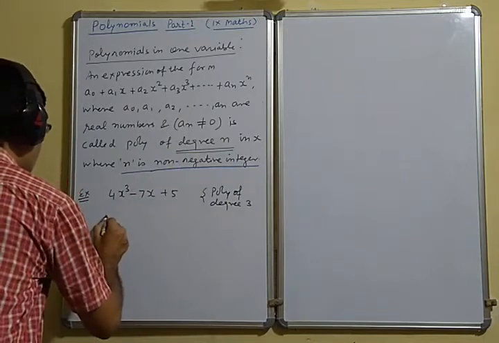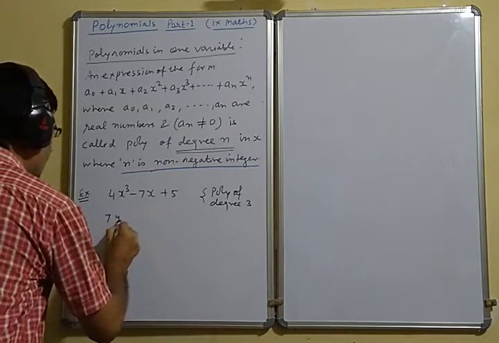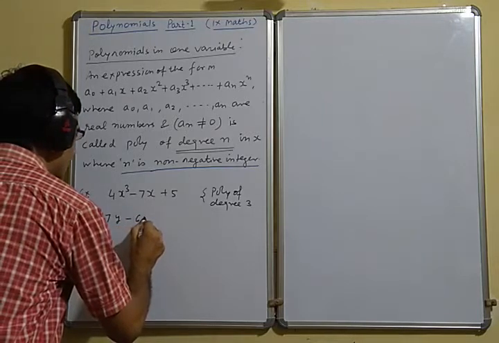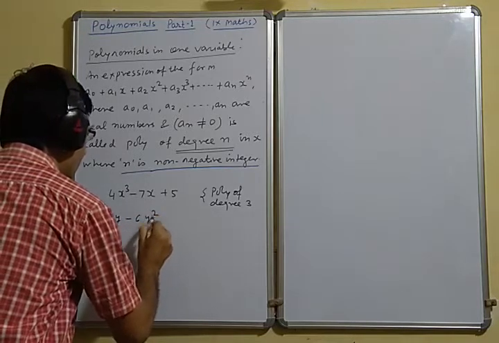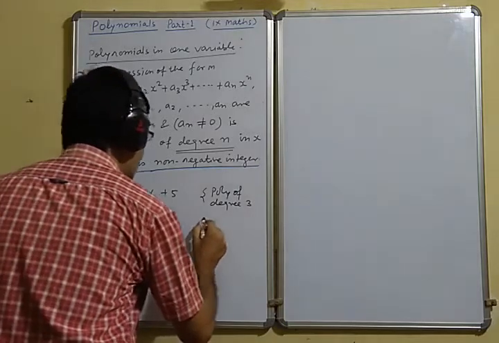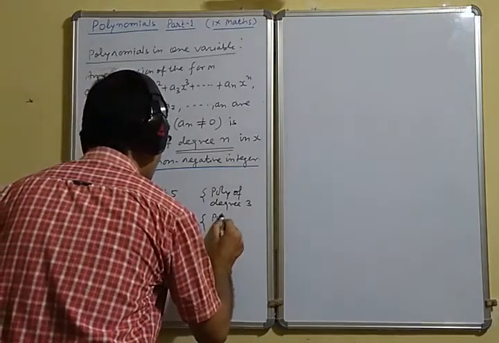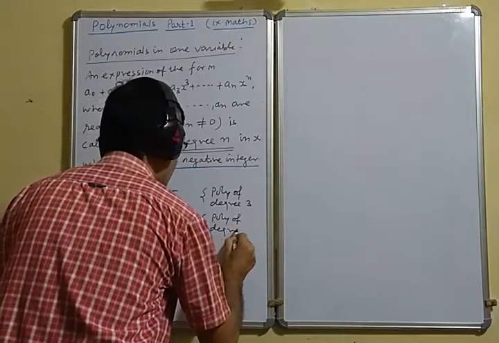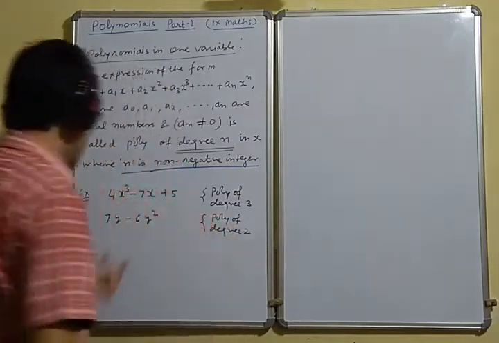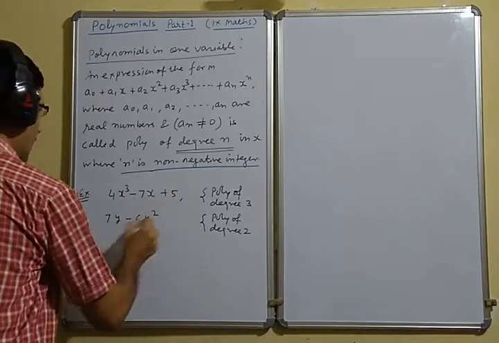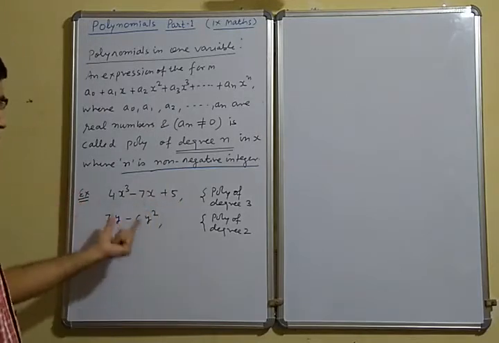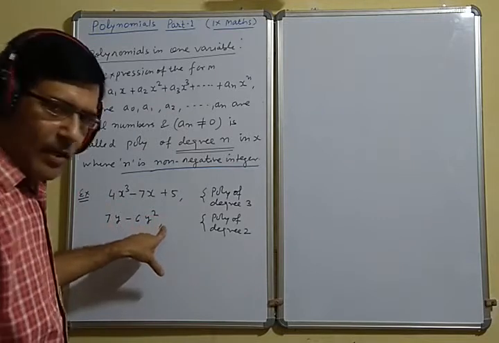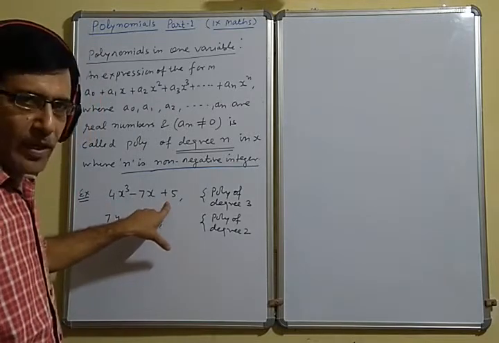Another example, 7y minus 6y square. This is a polynomial of degree 2. This is polynomial in y. This is polynomial in x.